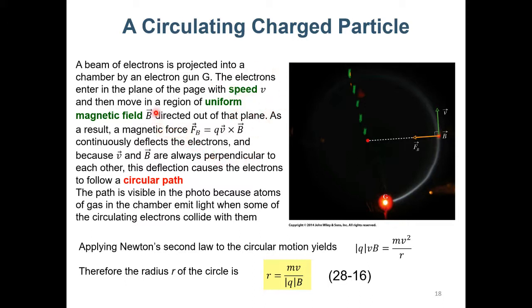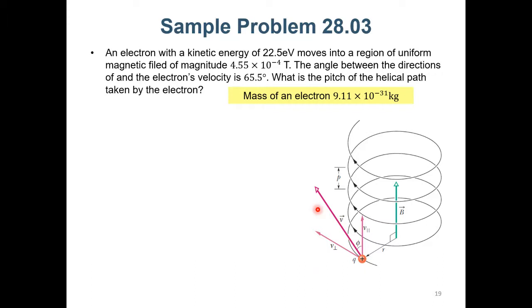So according to the Lorentz force, it will cause the electron to follow a circular path, and actually using Newton's second law of motion, this is the magnitude of the force, and this is the central force on the particle, and ma is mv squared over r, and actually we can calculate r to be something like this. It is quite simple. So we have a sample problem.